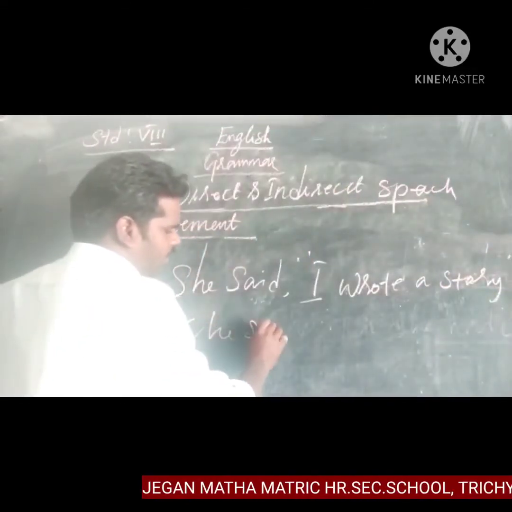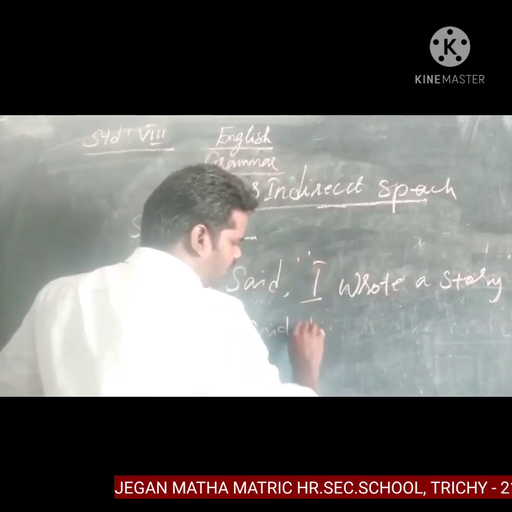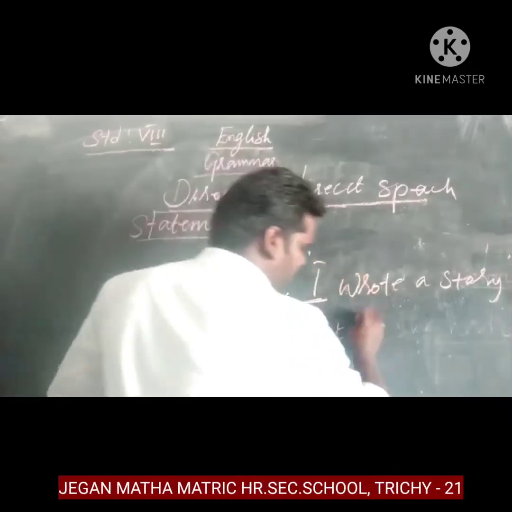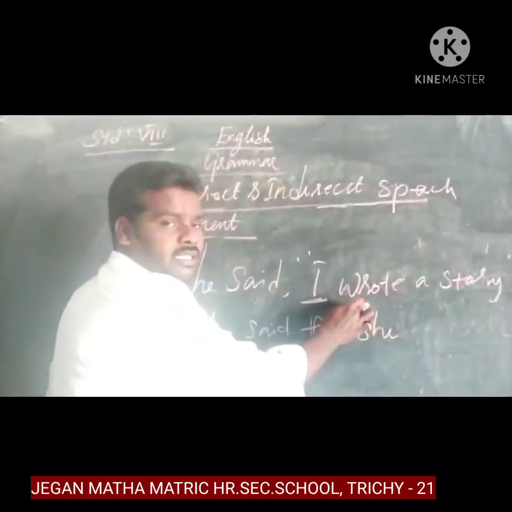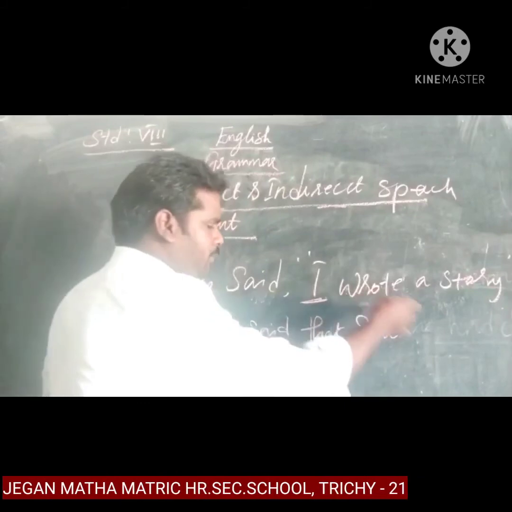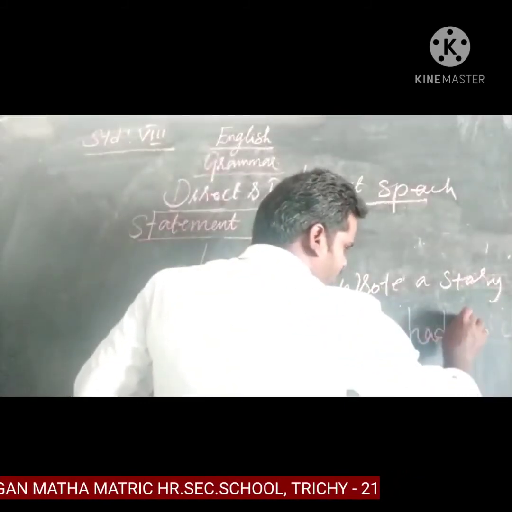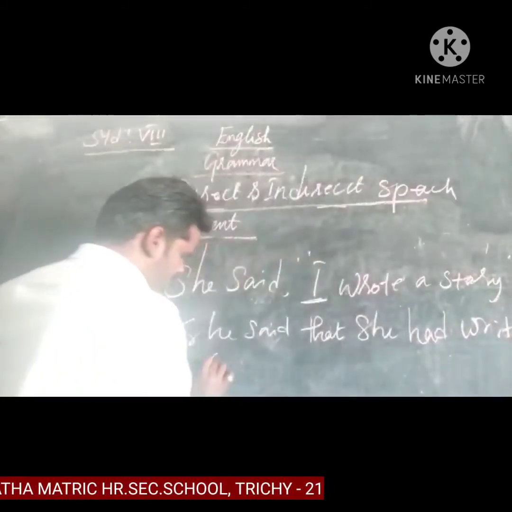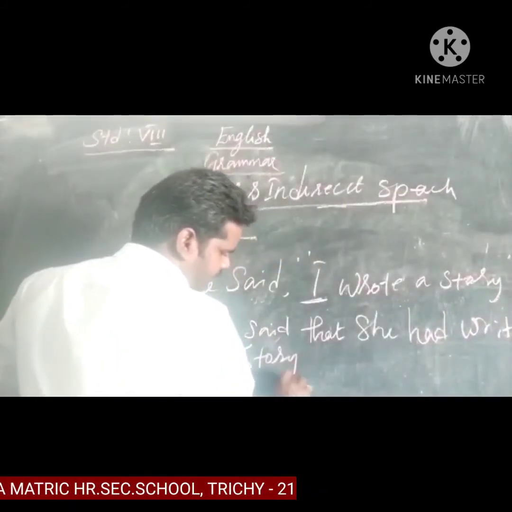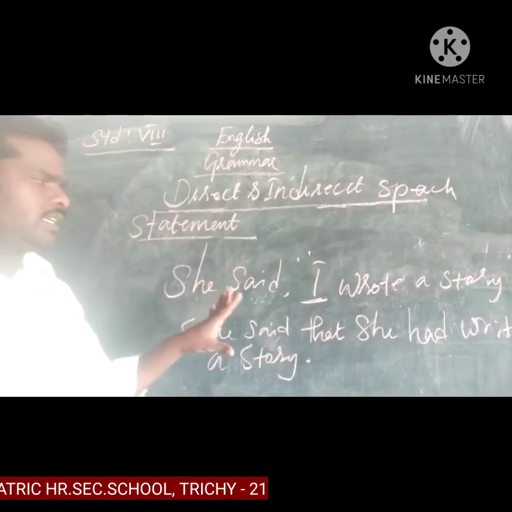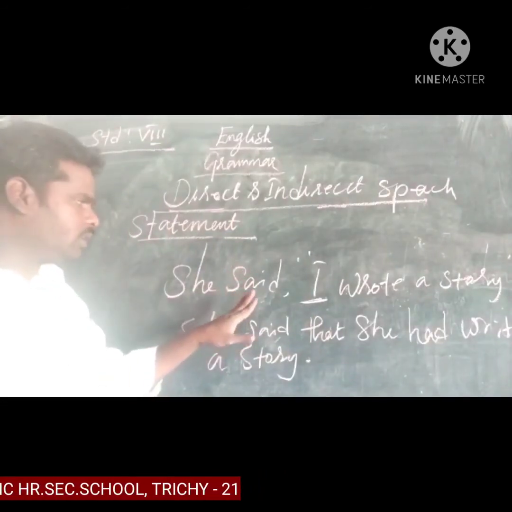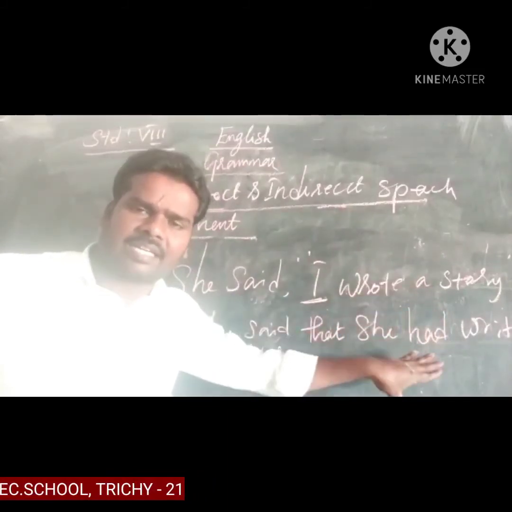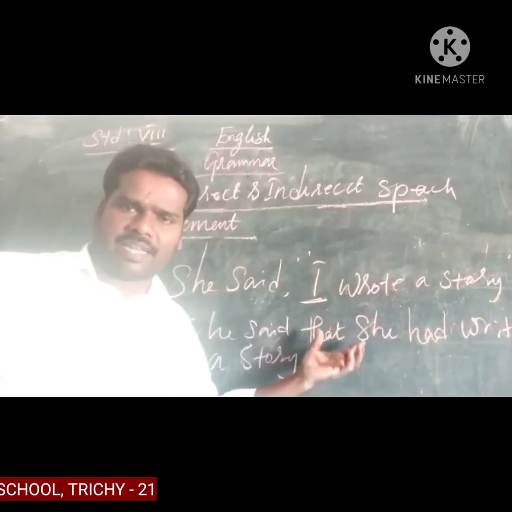She said that she wrote, simple past becomes past perfect. She had written a story. So this is a normal present perfect and simple past, the same way of indirect speech. So that's why I have given the examples.